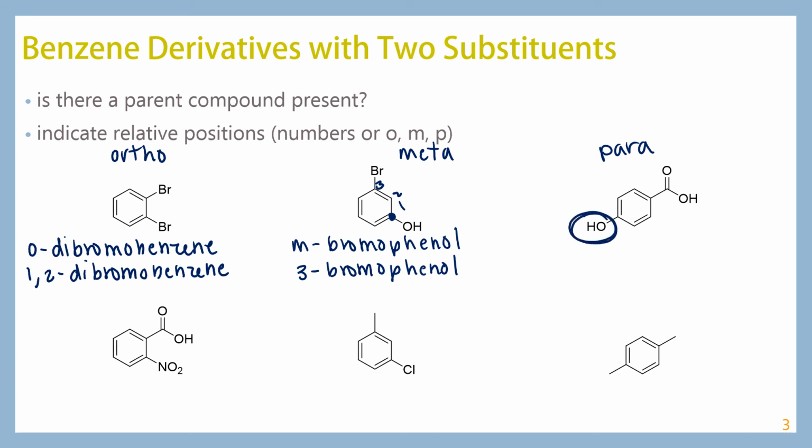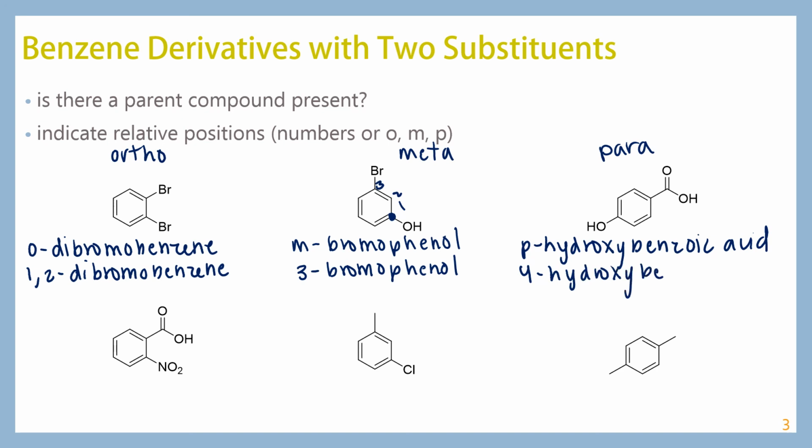The substituent name for an alcohol is hydroxy. So this could be called p or para-hydroxybenzoic acid. Or you can call it 4-hydroxybenzoic acid.